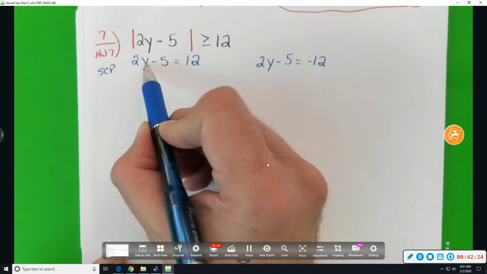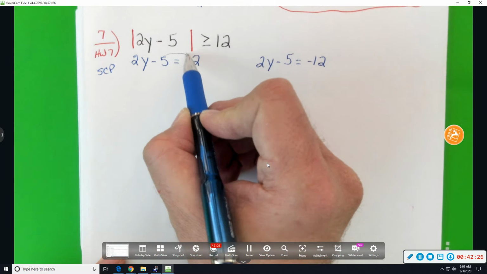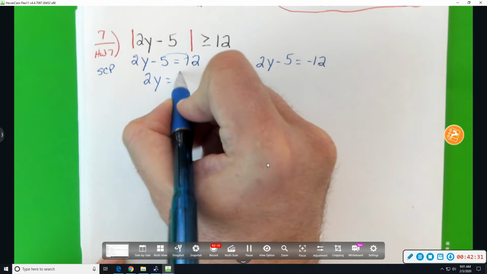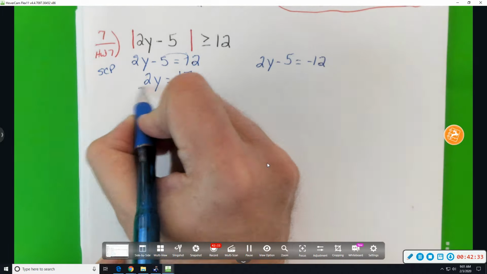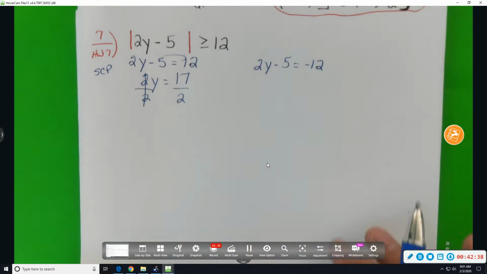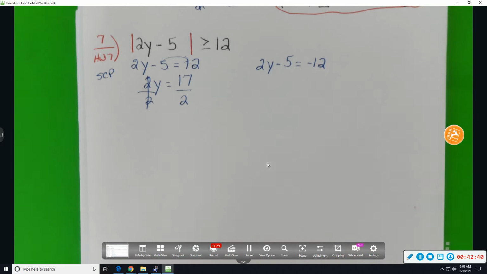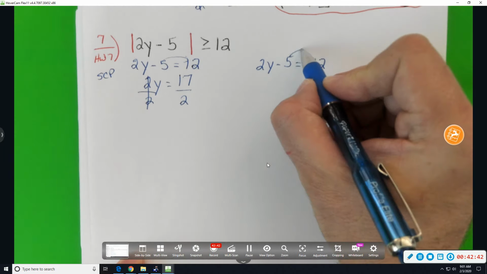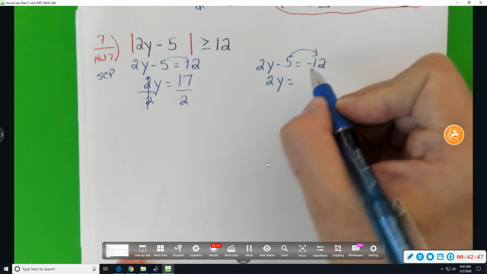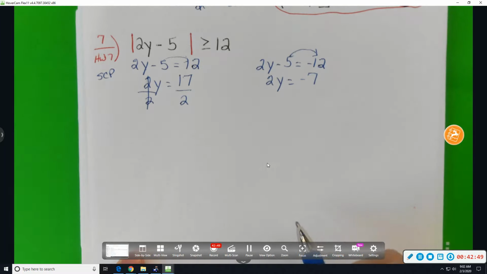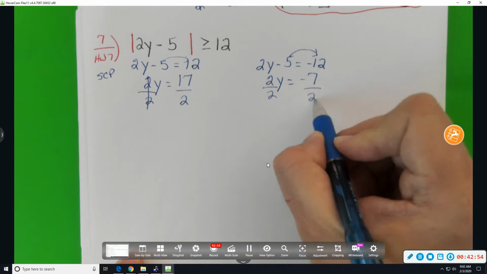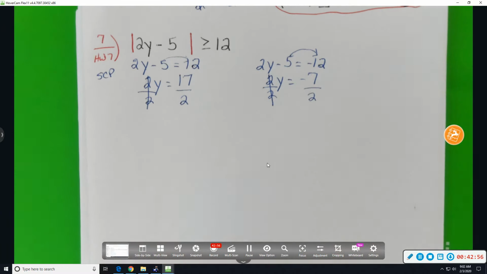So let's see, how would I isolate the y? I would move the 5 over by adding it. 12 plus 5, 17. Divide by 2, 17 over 2, and move the 5 over, so that's a negative 7 over 2, negative 7 over 2.